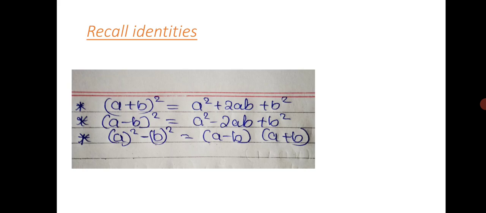I will explain how (a plus b) whole square is equal to a square plus 2ab plus b square. We will move to the next slide, and I will explain in that slide. Write in your notebook how I am writing (a plus b) whole square.